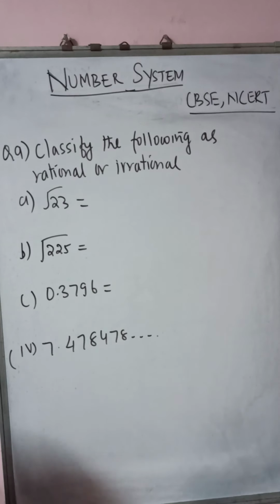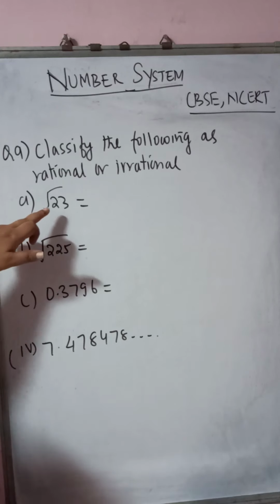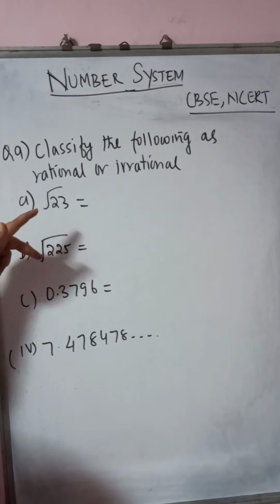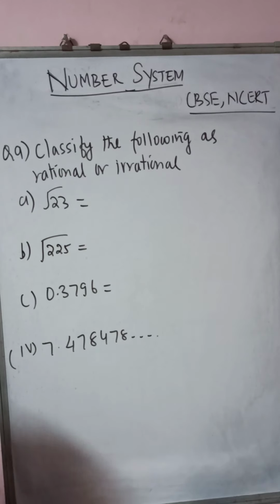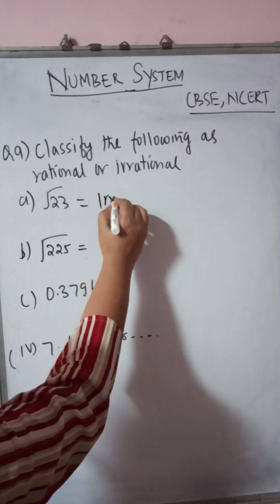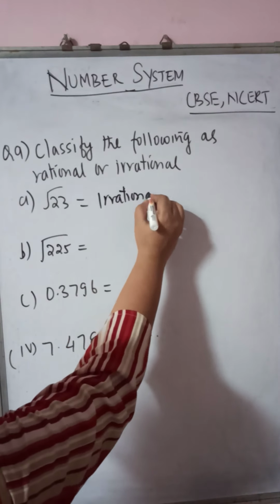No. Perfect square means a number multiplied by itself. So 1 into 1 is 1, 2 into 2 is 4, 3 into 3 is 9, 4 into 4 is 16, all perfect squares. But can you get 23 by multiplying the same number twice? No. So it is not a perfect square, therefore it is an irrational number.